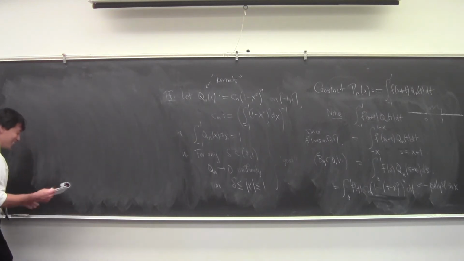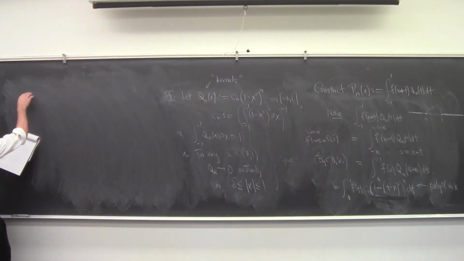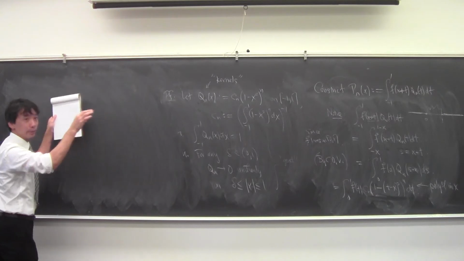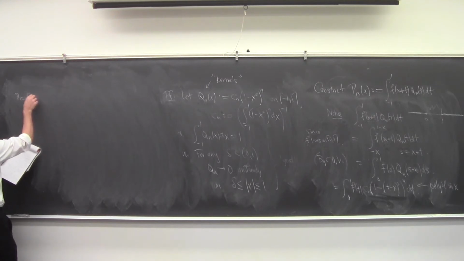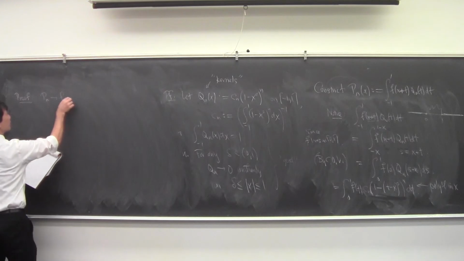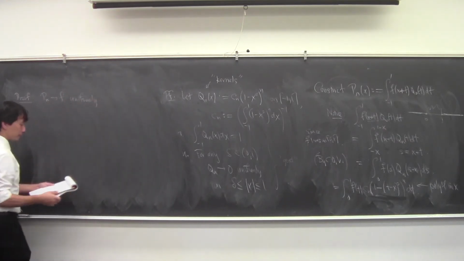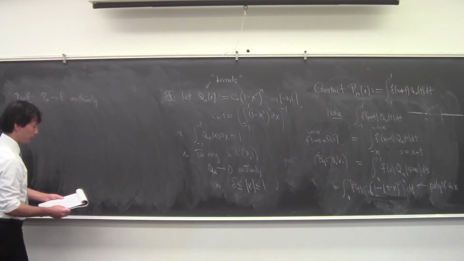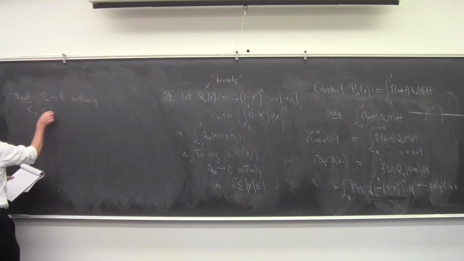Okay. So now we want to prove that we've got our polynomials, and we want to show that they converge uniformly. So let's prove that the P_n converge to f uniformly. In other words, let's fix an epsilon.